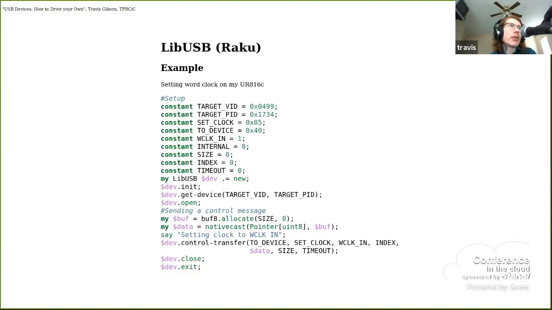So the beginning of this is simple. We set up a bunch of constants, which I showed you before. Then we create the device, we initialize libUSB, we get the device, we open the device, we allocate a buffer, and then we control transfer to the device. Then we close the device and we exit.